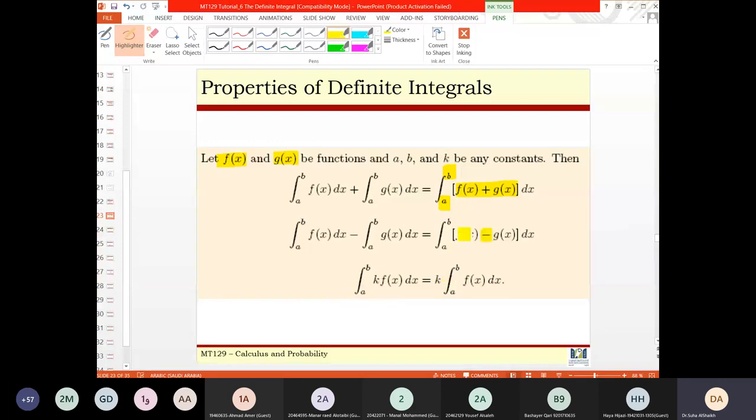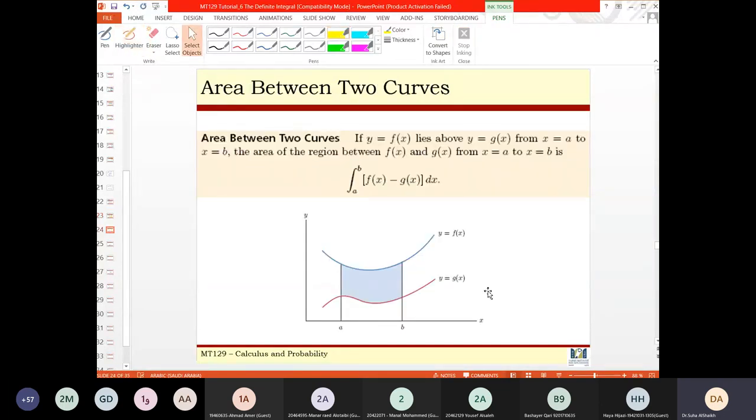The integration of a subtraction of two functions is the subtraction of the integration of the two functions from a to b. If I have a constant k, the constant k can go outside, and then I can find the integration from a to b of f of x dx. Okay? Same rules that we apply there, we can apply here.